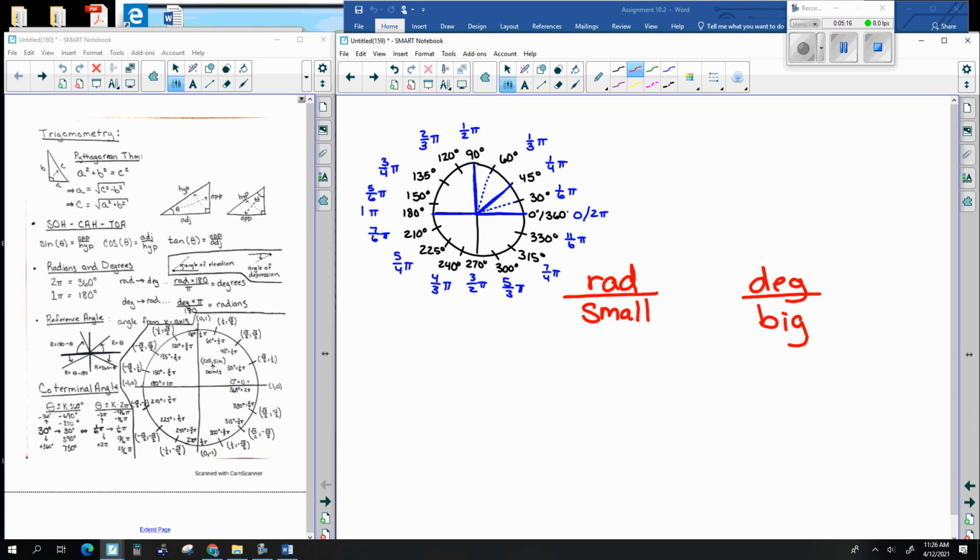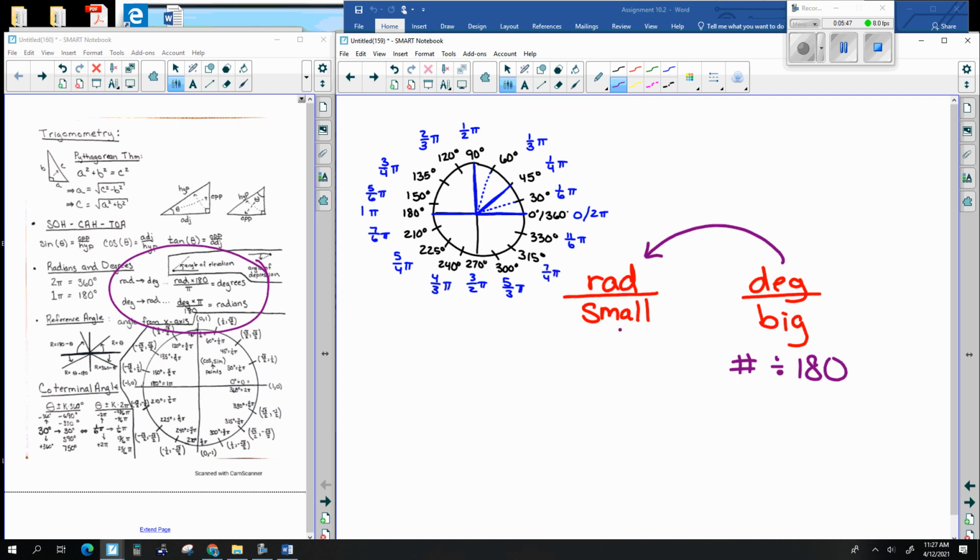So if they give me a degree and I need to turn it into a radian, the question is, do I multiply by 180 or do I divide by 180? If I have a number and I need to make it smaller, I would divide by 180 generally.